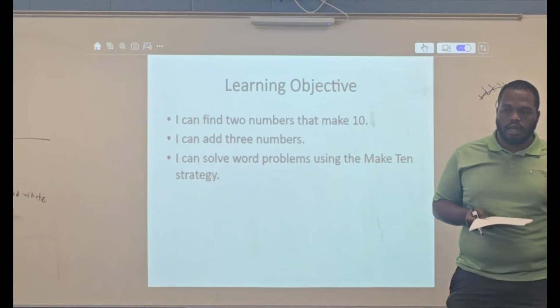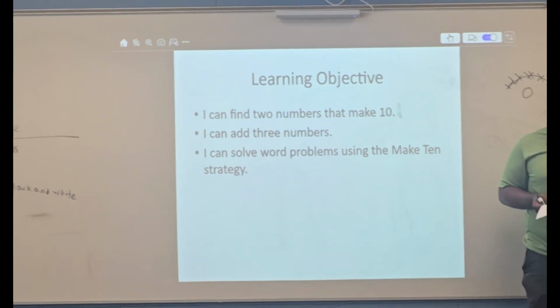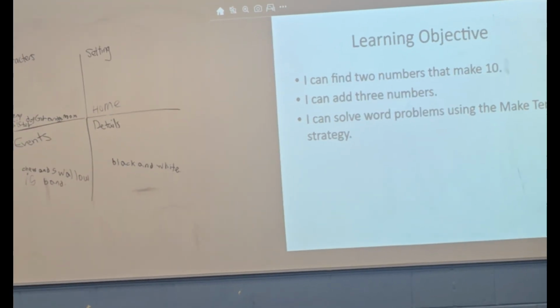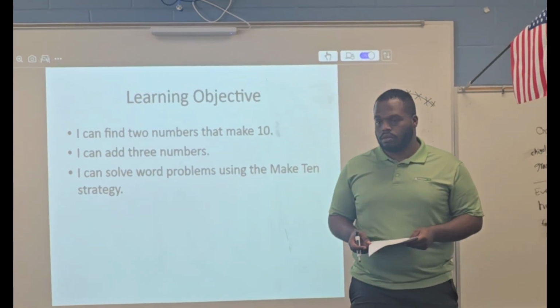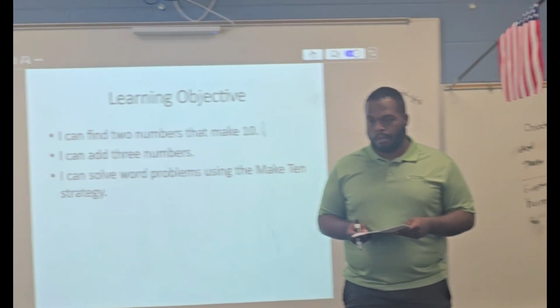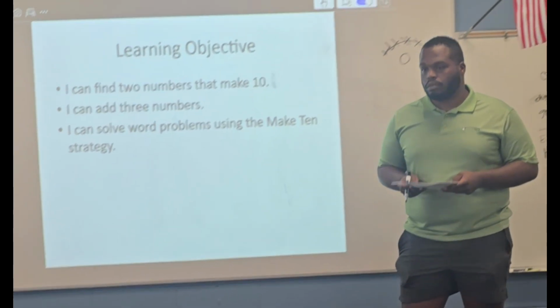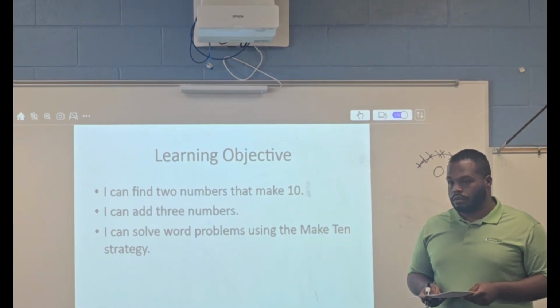Anybody else have another good answer? That was a good answer. The reason that we use 10 is that any number you can try to make 3 numbers make the number 10.